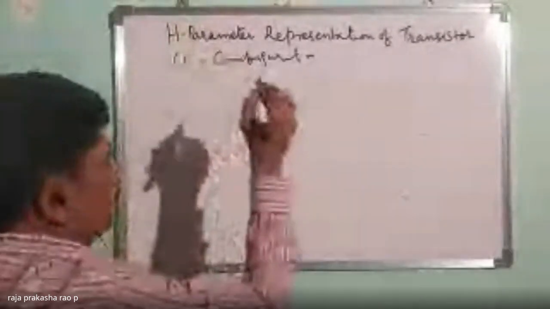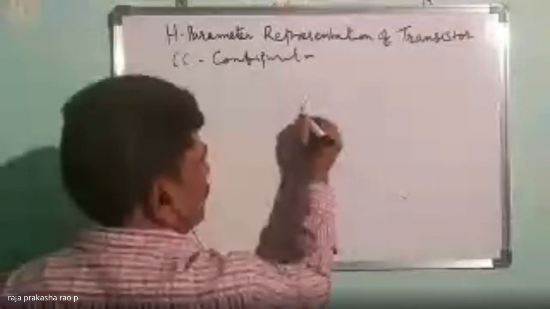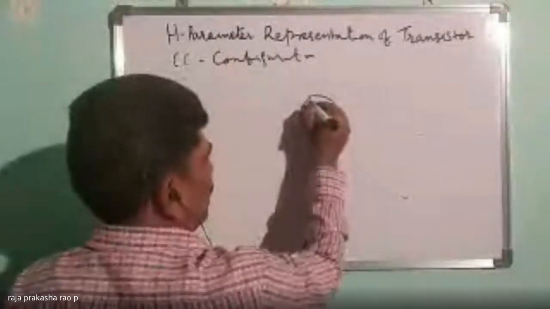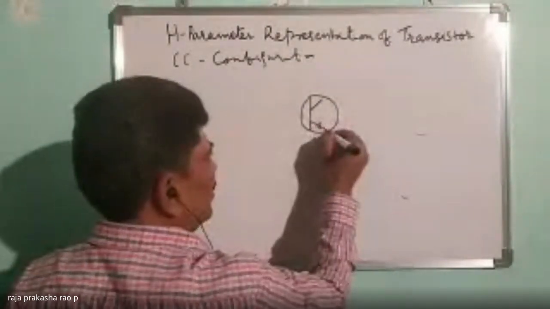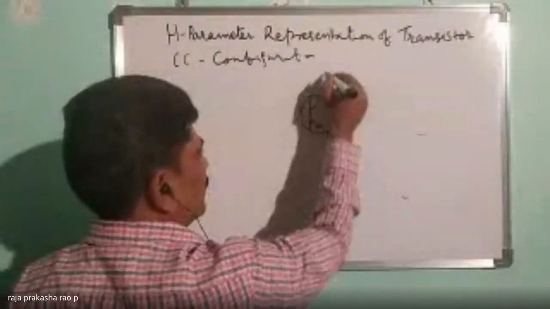Common collector. What does the arrow mark in the symbol indicate? Can you tell me?